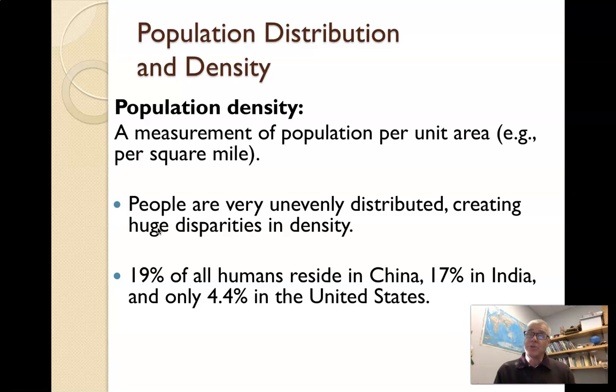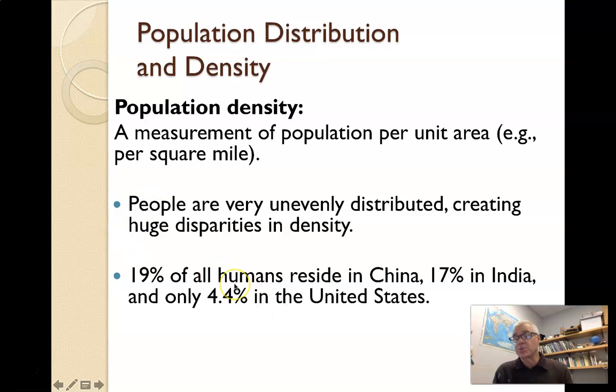Whereas you think about a place like Manhattan Island, which has many millions of people, but they're squeezed into a very small space, right? The density is much higher. And so this gives us an indication of what life is like, how many people are squeezed into one area. And the reason we're interested in this is that people are actually very unevenly distributed around the world.